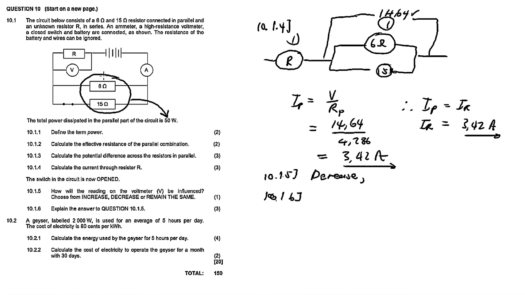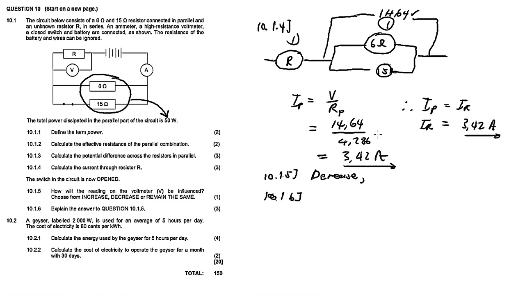So for this parallel connection, the total resistance was what? It was 4,286 for this parallel connection. So if the 15 is gone, the total resistance for this former parallel connection is now 6. If the 15 is gone, it means the resistance for this connection becomes 6.